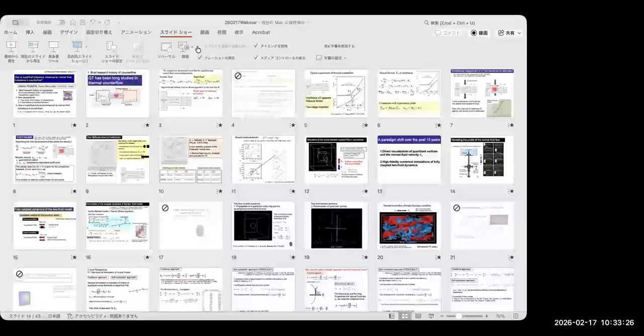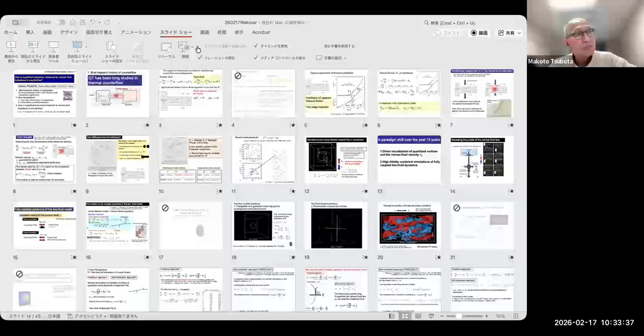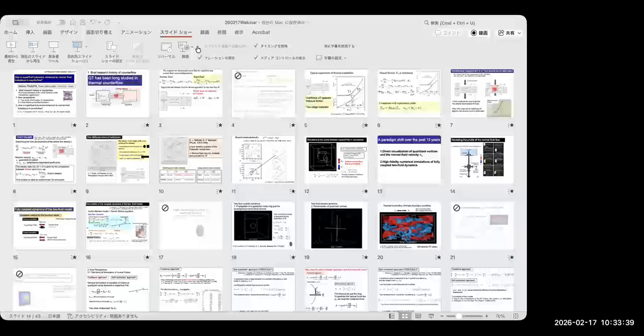One question I have is that we performed experiments with pure superflow and thermal counterflow. Some questions you addressed in your talk might be understood as a difference between thermal counterflow and pure superflow.